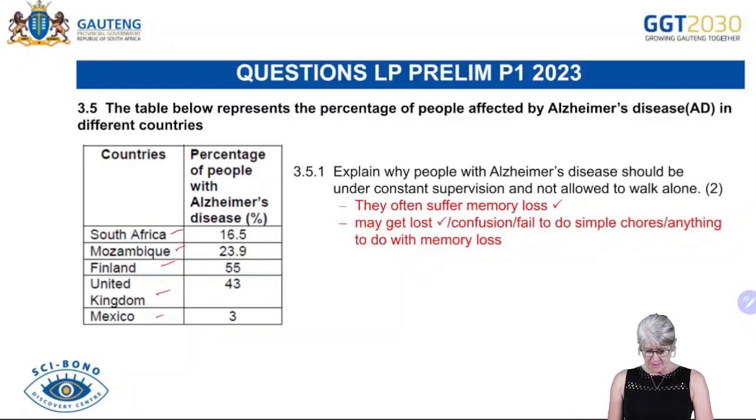So I must have a look at the numbers in here, and I can see my lowest number is 3 and my highest number is 55. So I need to work out a scale that is going to include all of those. But for my scale, I'm not going to use the exact numbers that are in the table. All right.